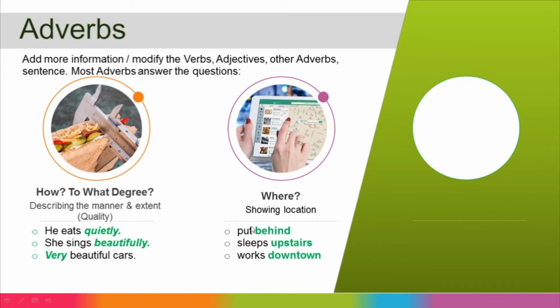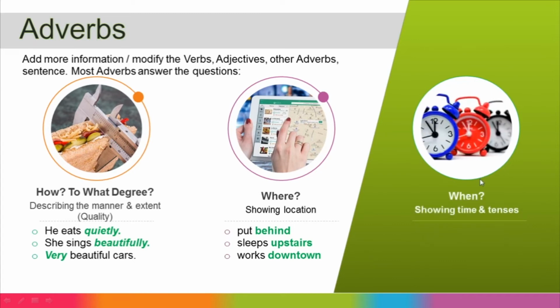For example, behind, sleeps upstairs, works downtown. So these words behind, upstairs, and downtown show us the location. These are the adverbs. And the last question that usually adverbs tell us is about when, which is showing time and tenses. These are usually time signals that tell us when something happens.